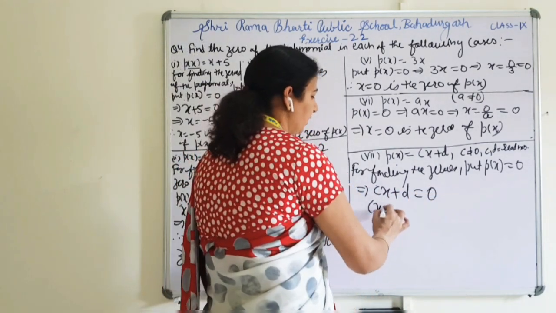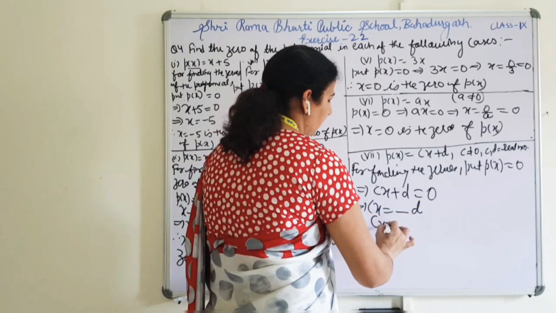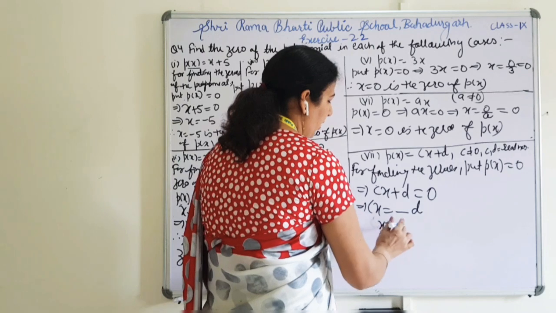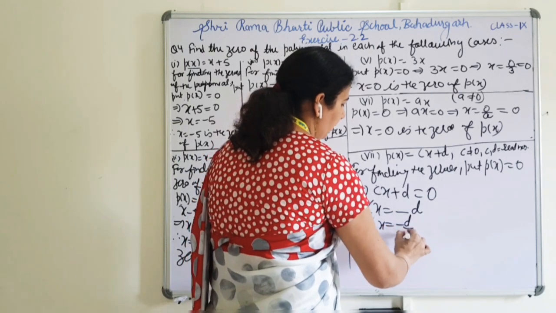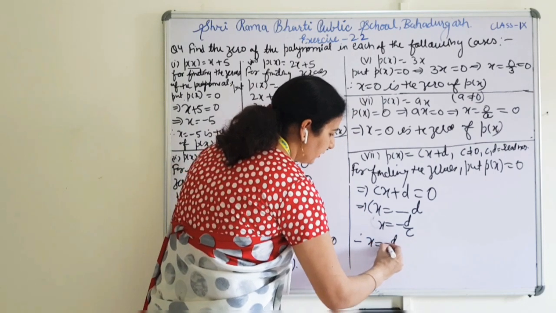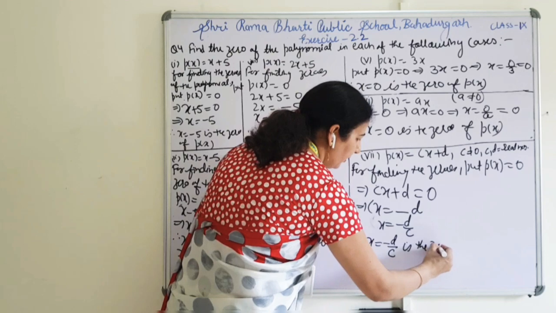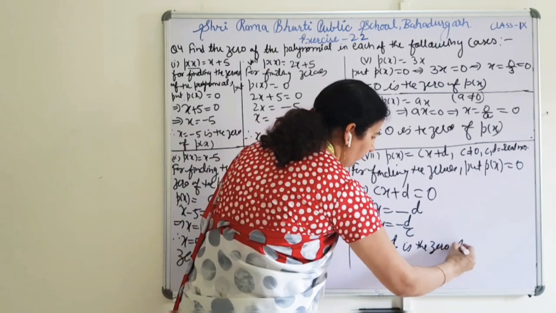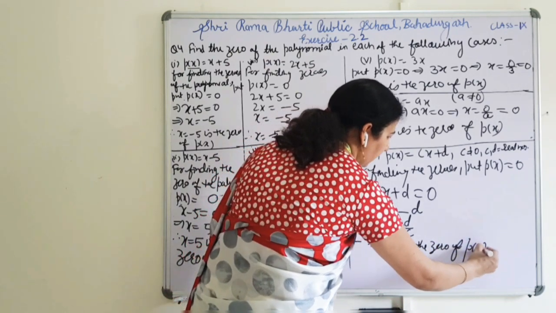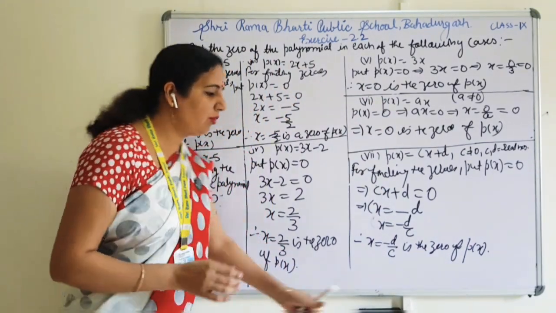So, Cx is equal to minus D. Therefore, x is equal to minus D upon C. Therefore, x is equal to minus D upon C is the 0 of Px.